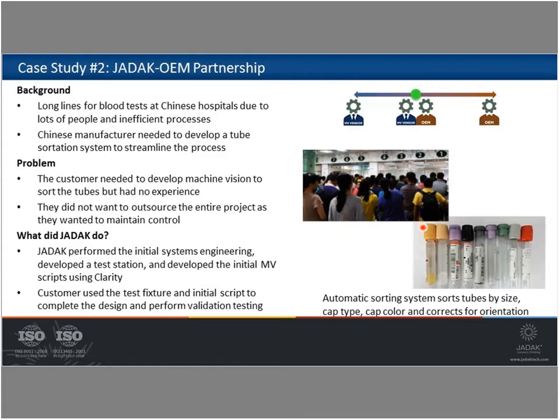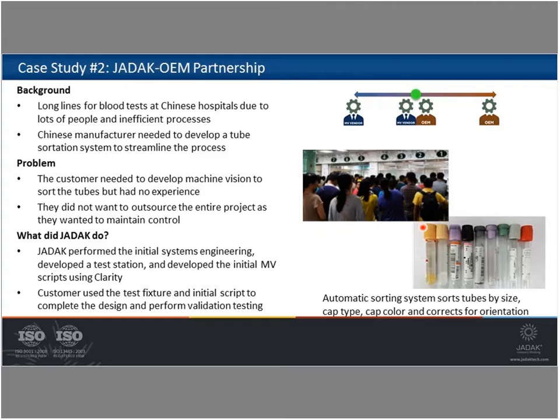Well, this customer was one of those, they weren't comfortable getting started. So what JADAK did is we did the upfront system engineering. We actually developed a test fixture where we installed a camera, installed the test tubes, developed that initial machine vision script, and then we delivered that system to the customer, trained them in what we had done, and then they finished up the project.